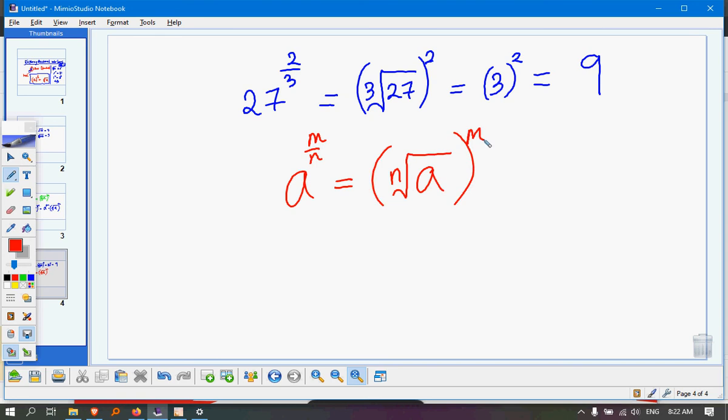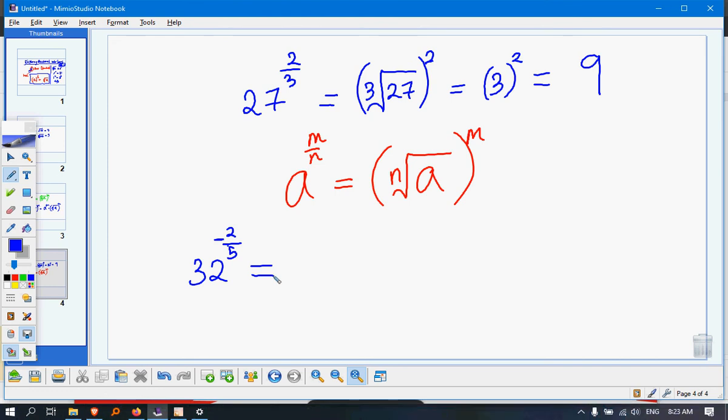Now, what if our question involves a negative? Let's take an example of 32 to the power negative 2 out of 5. Now we need to remember what the negative does to the number. The negative on the power flips, or gives you the reciprocal of, the number.